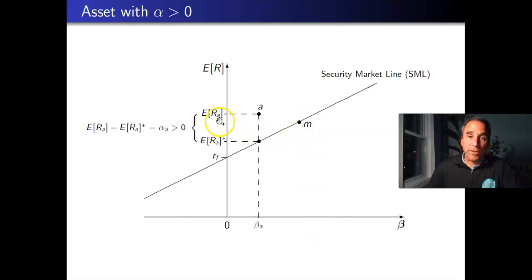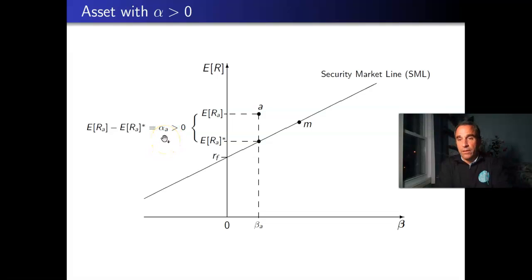If the expected return of an asset is inconsistent with the security market line, the difference between the actual expected return and the equilibrium expected return is called the alpha.